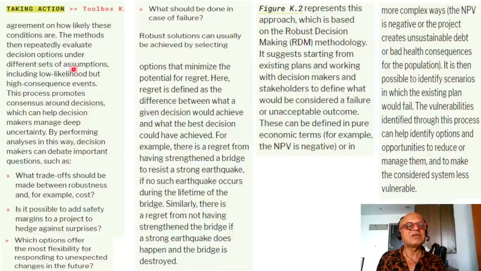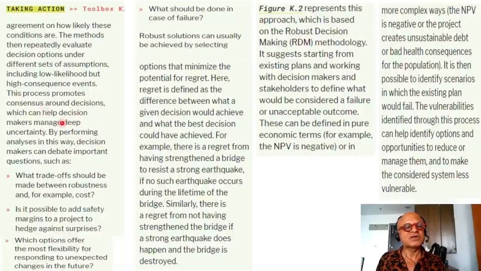The methods then repeatedly evaluate decision options under different sets of assumptions, including low likelihood but high consequence events that we talked about. Could be just like once in 200-year event versus once in 50-year event or once in 10-year event, remembering that climate change will keep changing the frequencies themselves often. Okay.